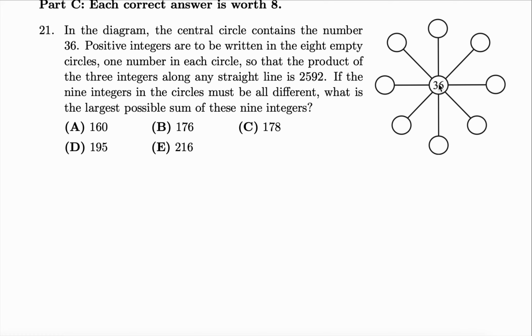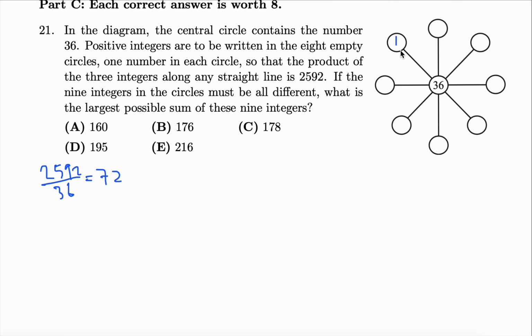Now, I can't do it in my head, so I'm just gonna pull out my calculator. 2592 divided by 36 is 72, which means that if we multiply any of those 2 circles together, they should all equal 72, right?